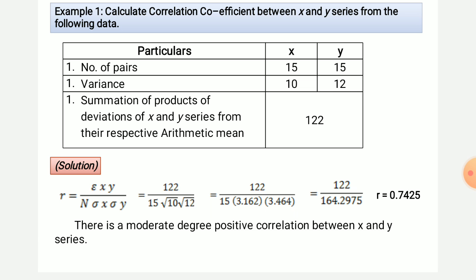The summation of products of deviations of x and y series, sigma xy, is equal to 122.